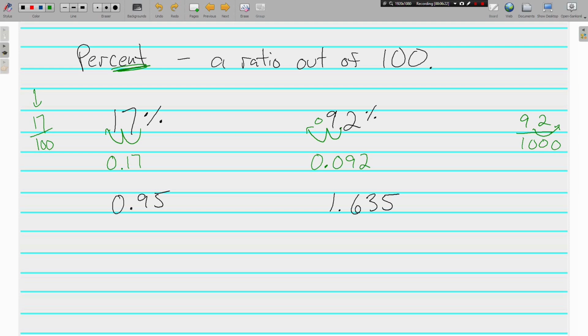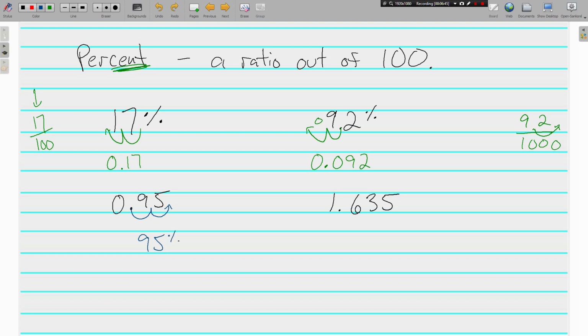But to go from a percent to a decimal, you just move the decimal point left twice. To go from a decimal to a percent, you move it the other way. Let's use blue. Okay, 95 hundredths, or 0.95, is the same thing as 95%.